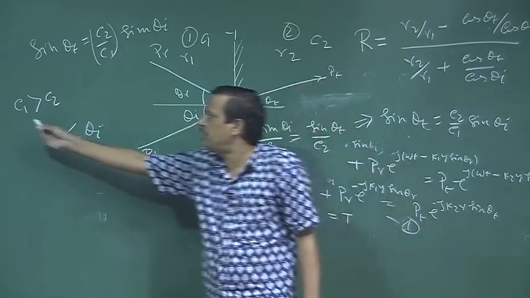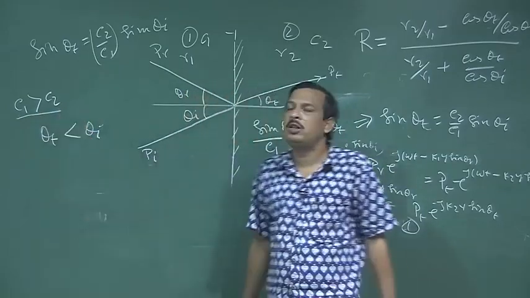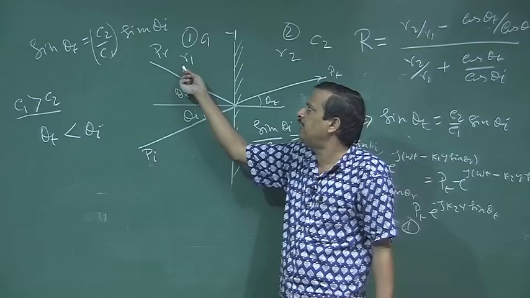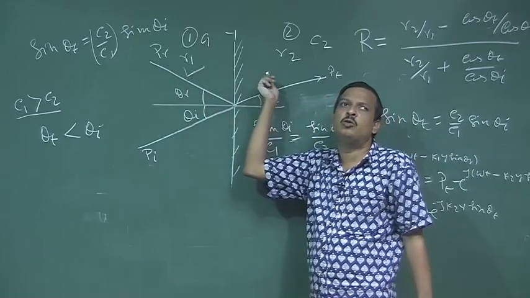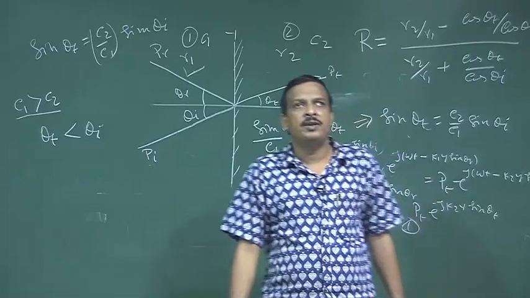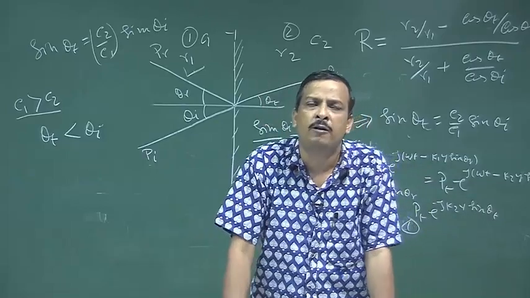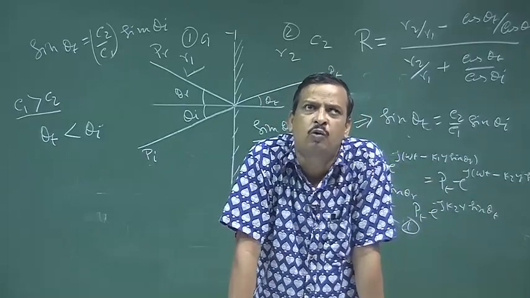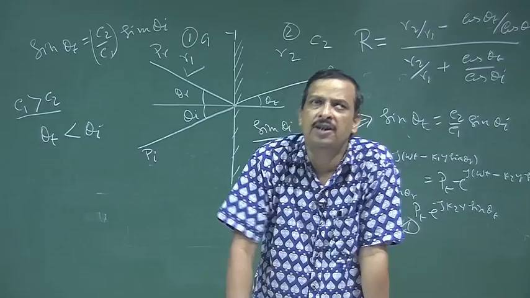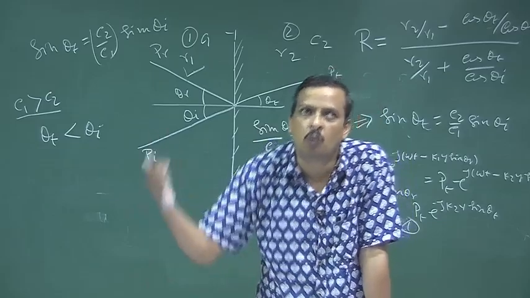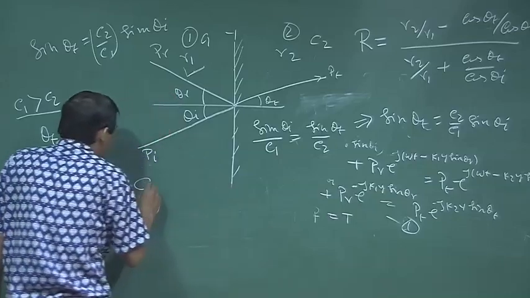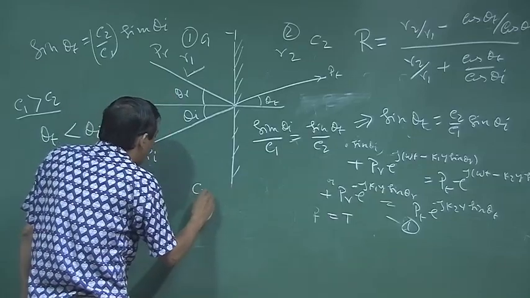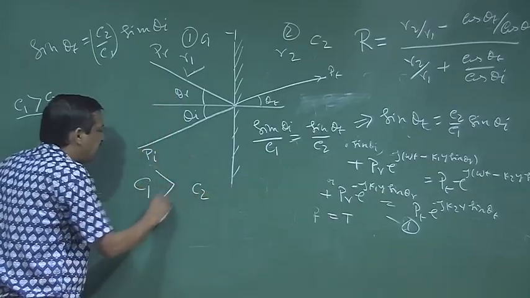So, what do we mean by C1 is greater than C2? The velocity of sound in medium 1 is higher than in medium 2. A practical example is sound transmission from water to air. In water the sound velocity is C1 and in air it is C2, so C1 is greater than C2.